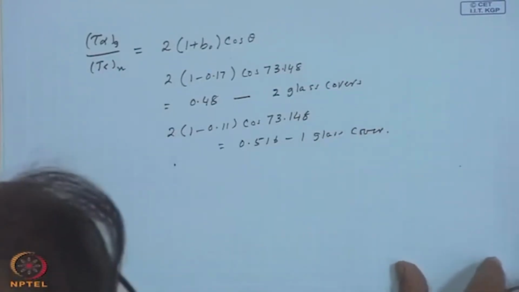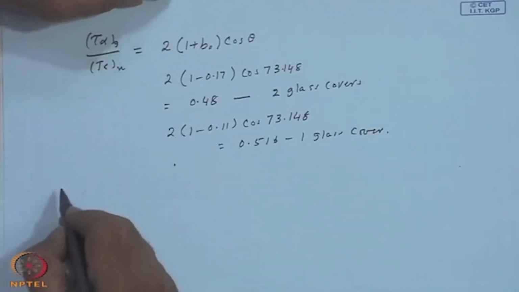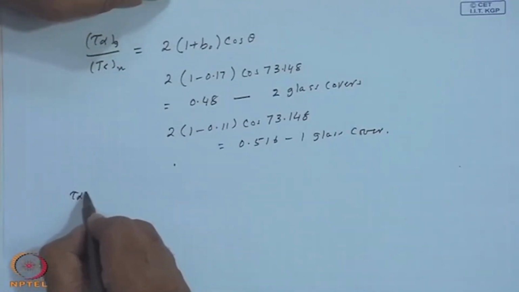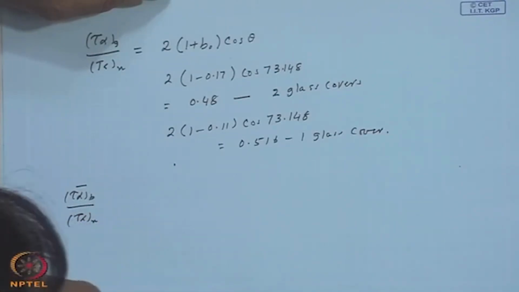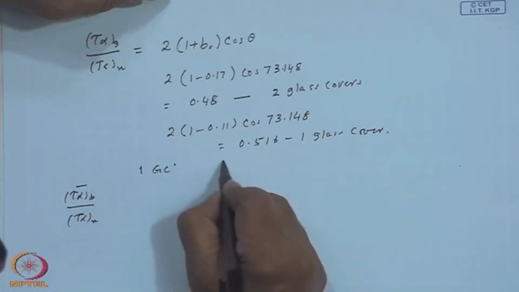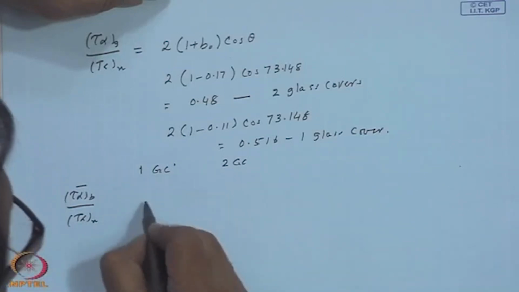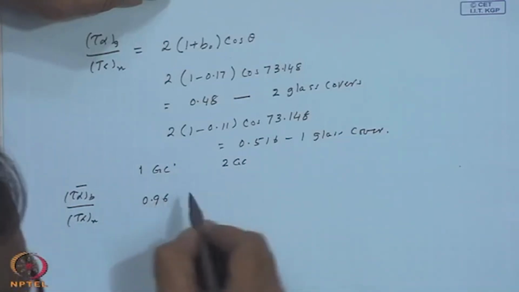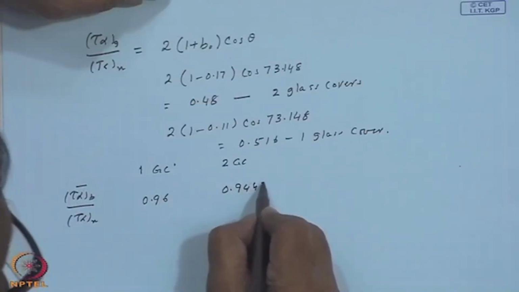Okay. So, let us just write it down. Tau alpha bar b upon tau alpha n, for 1 glass cover and 2 glass covers, will be 0.96 and 0.94475.